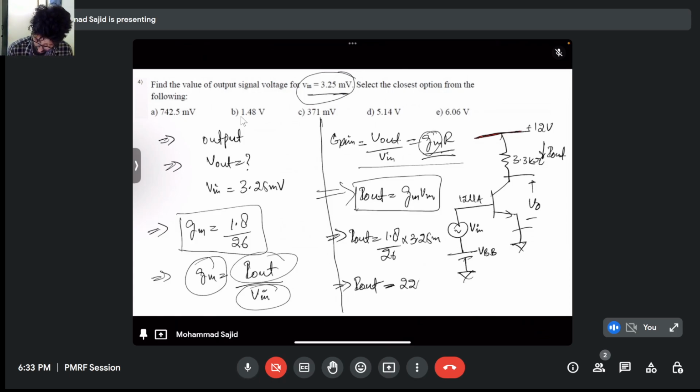That comes out to be 225 microampere, right?